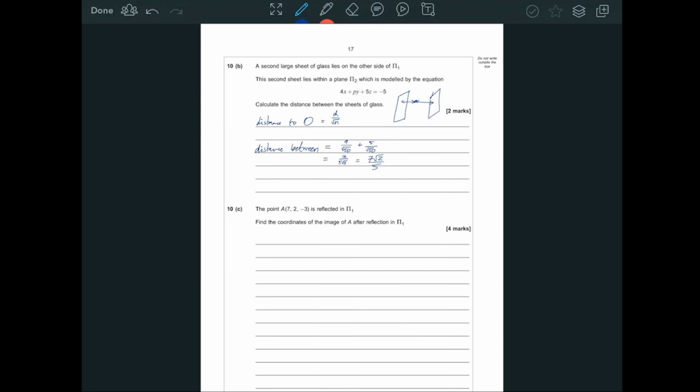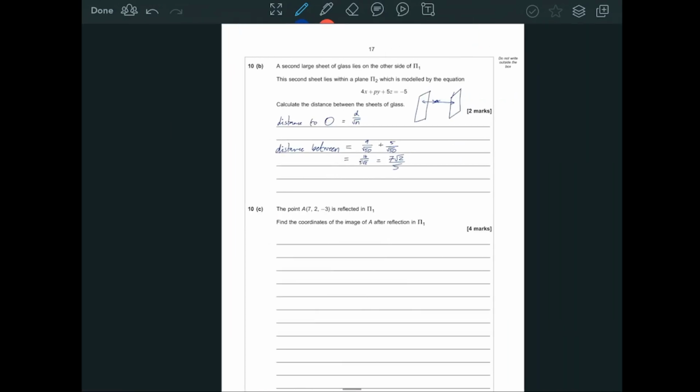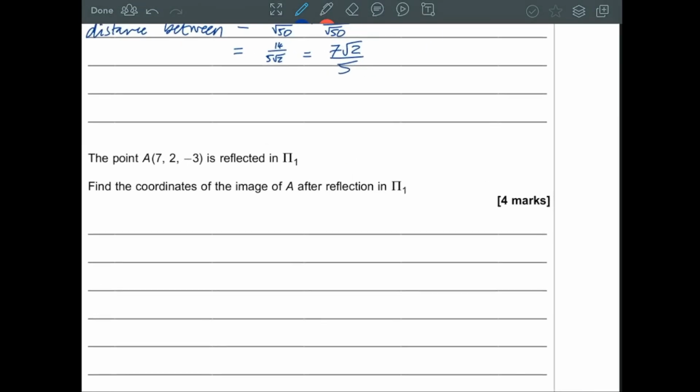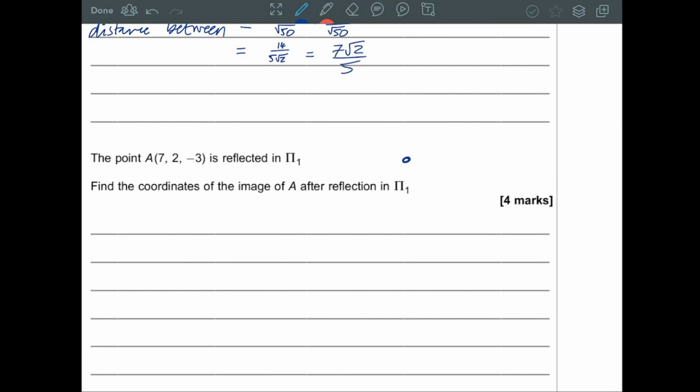The point A, which is the same A as before, is reflected in pi 1. Find the image of A after the reflection. Okay, so we now have a point A. We have our sheet of glass. It's the first time I've really drawn my planes vertical.